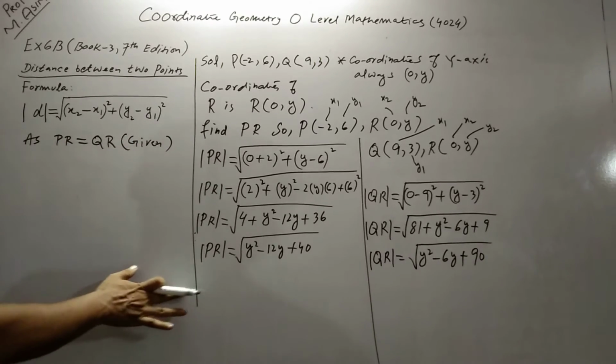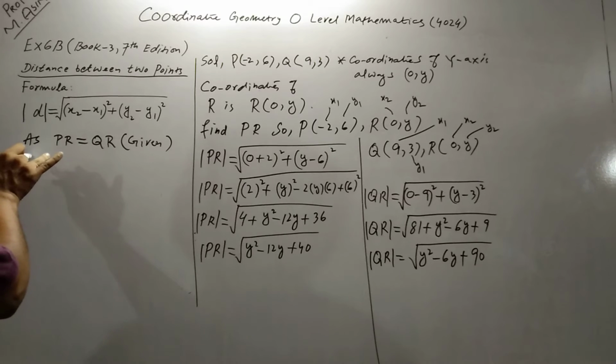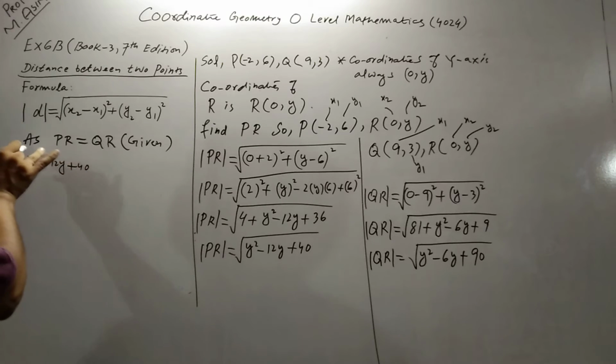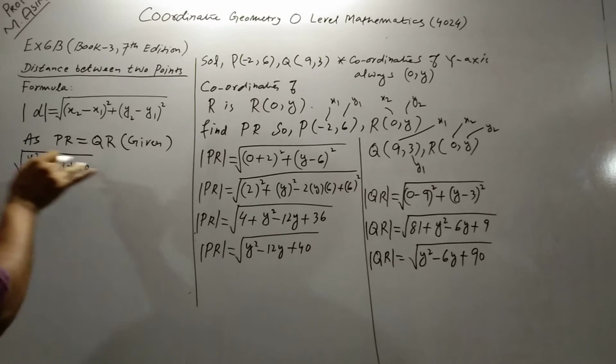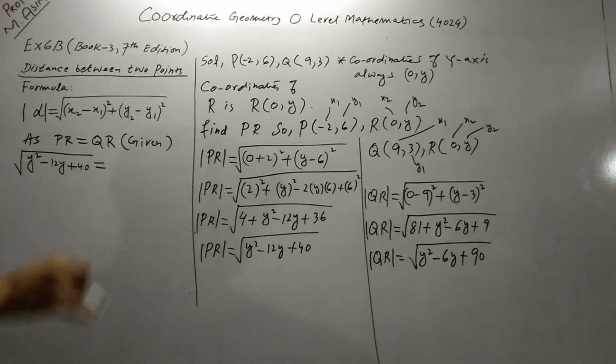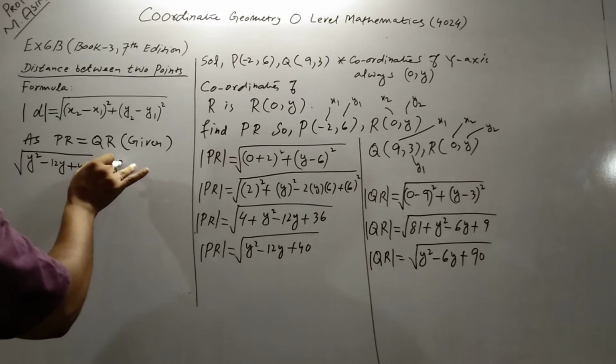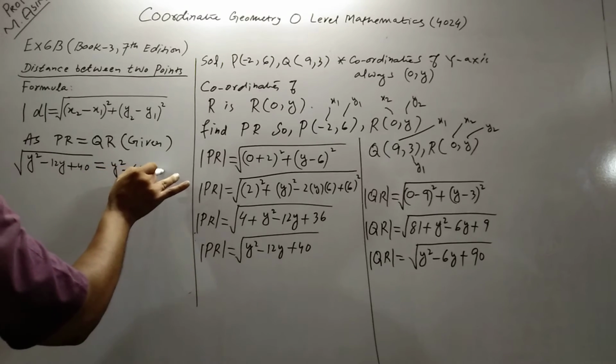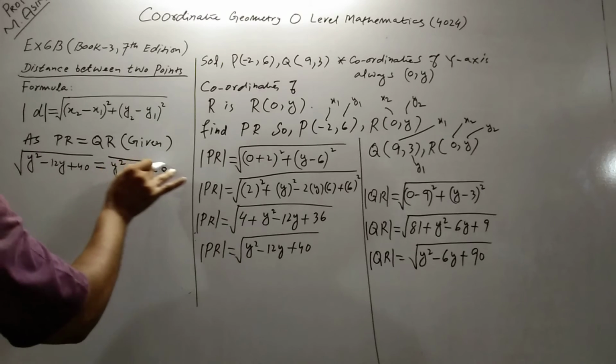Therefore, the answer of PR is the square root of y square minus 12y plus 40, equals the answer of QR distance, the square root of y square minus 6y plus 90.